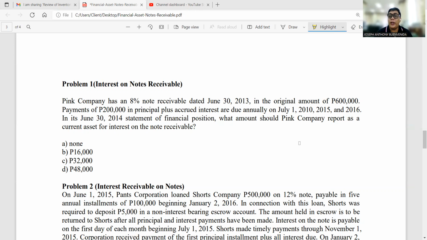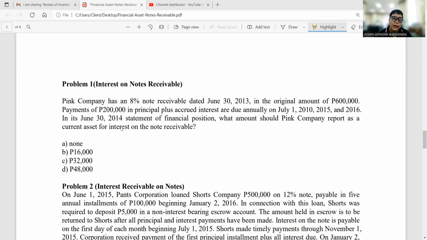Be careful always with the date. There are problems that end at December 31, and if the financial statement ends at December 31, the treatment is different. Here it ends on June 30, so the whole year starts on July 1.